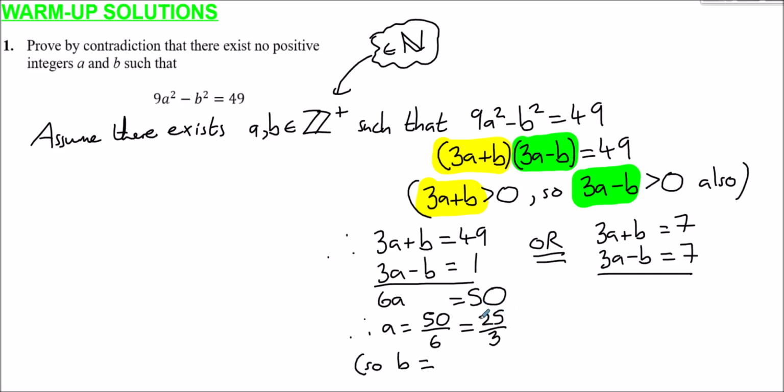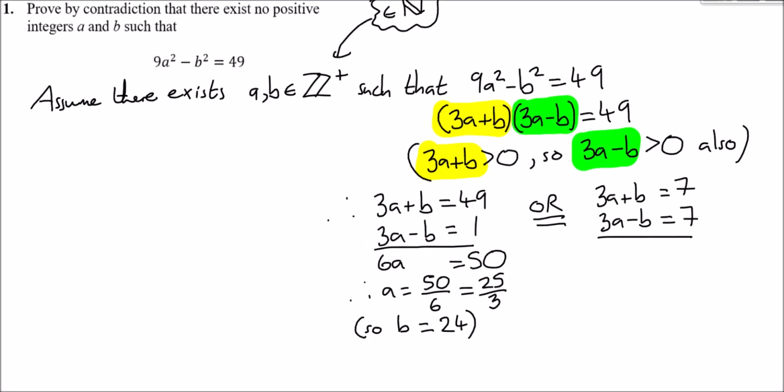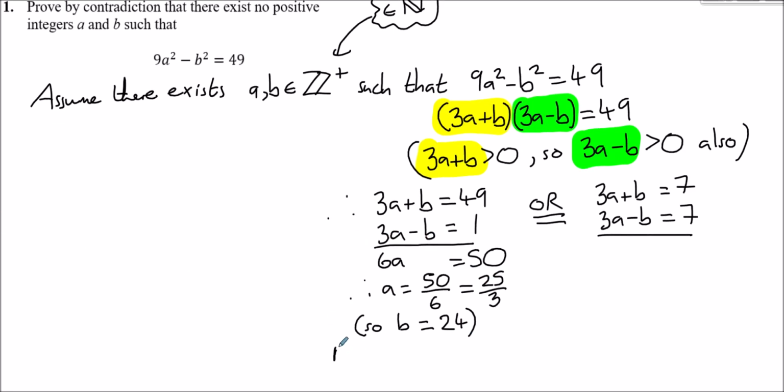If a were 25 thirds, 3a would be 25, and 25 minus what gives us 1? b would be 24. But of course, we're wanting positive integers. 25 over 3 is not an integer.